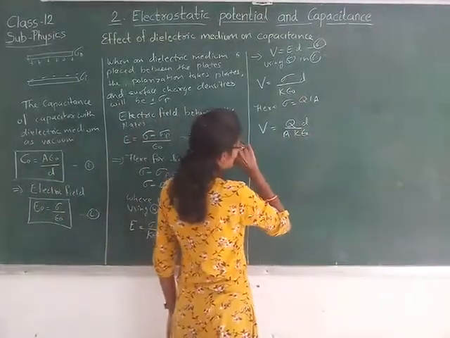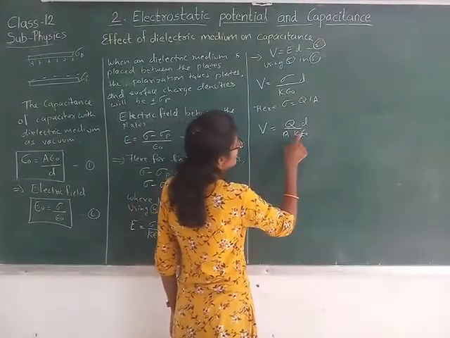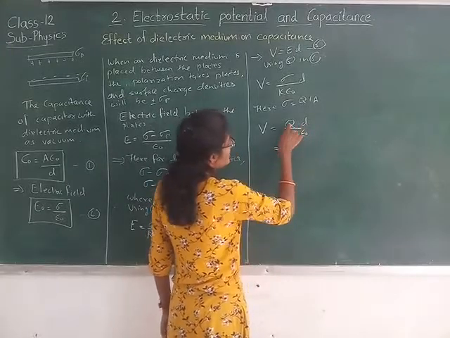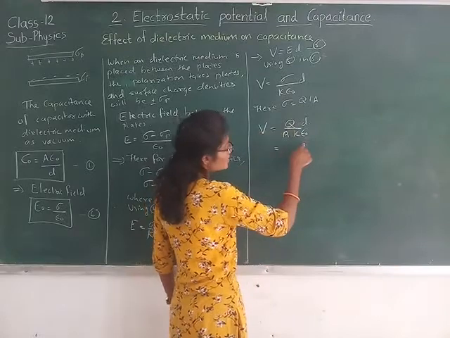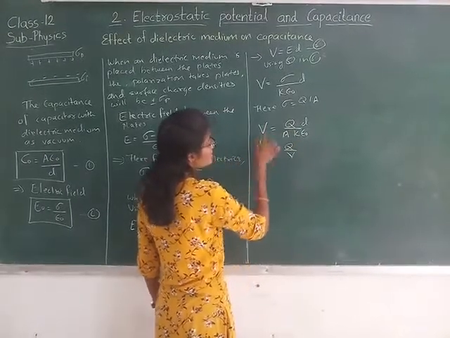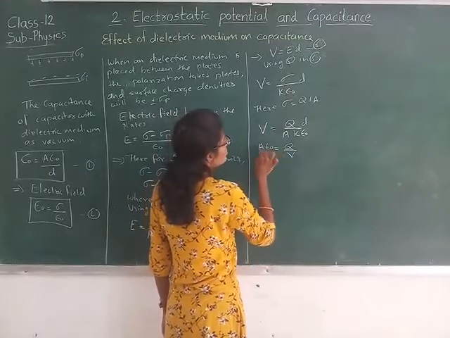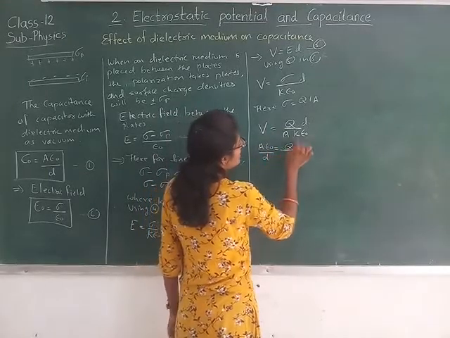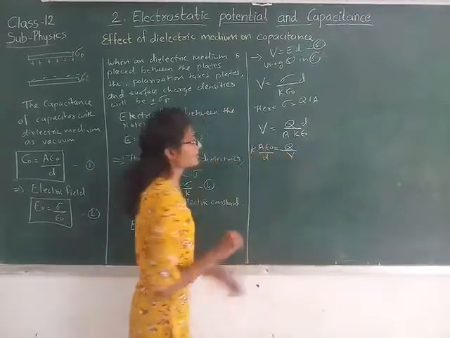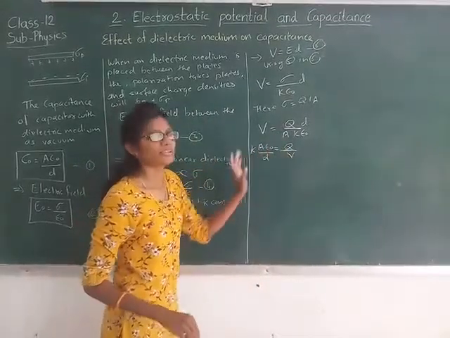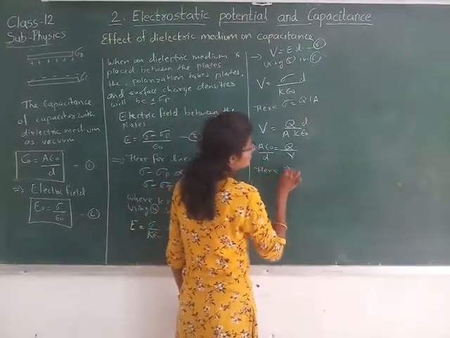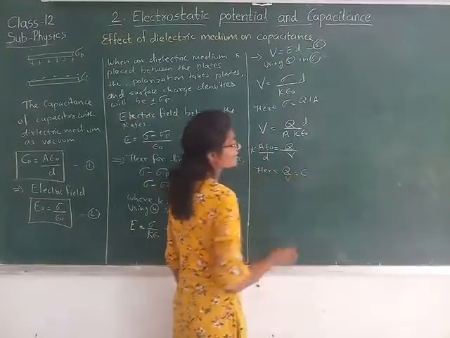Now let us rearrange this equation, right? Here we have A epsilon 0 D, taking V over here, that is Q by V, and taking this over here, A epsilon 0 by D, writing K over here. So Q by V is nothing but capacitance.